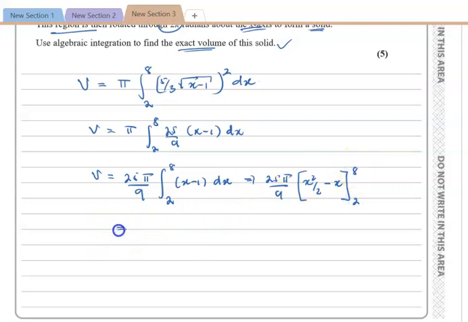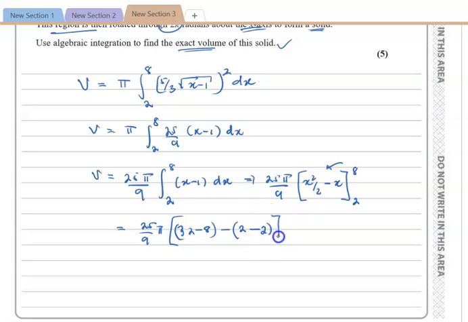I'll keep my constant outside for simplicity, and then inside, substituting 8, I have 8 squared, which is 64 divided by 2, which is 32, minus x, which is minus 8, minus, when substituting 2, you have 2 squared over 2, which is 4 over 2, which is 2, minus 2.